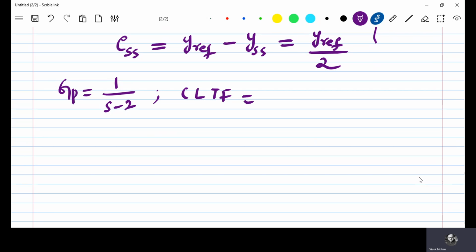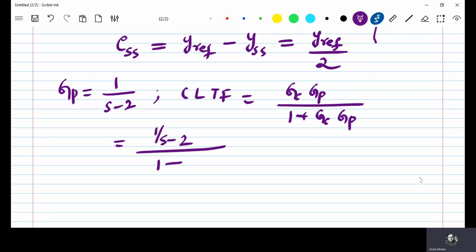Closed loop transfer function is equal to GC GP divided by 1 plus GC GP. Right. It is equal to 1 by S minus 2 divided by 1 plus 1 by S minus 2, which is equal to 1 by S minus 1. This is equal to Y divided by Yref in S domain. That is why it is represented in capital letters. Okay, so this is the closed loop transfer function.